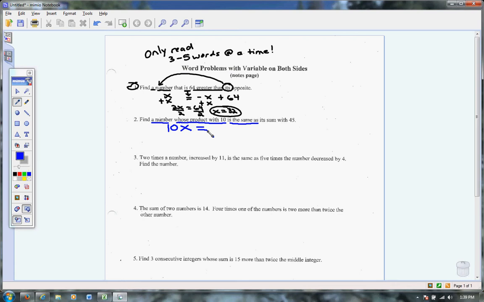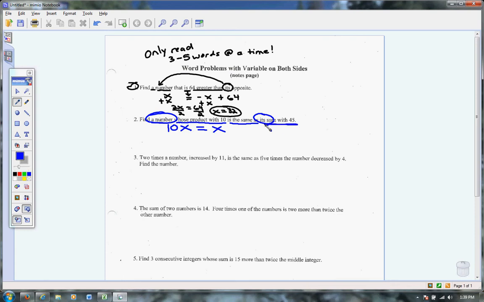Well, there's that word "its" again. What's that talking about? It's talking about the number, right? It's talking about the number which we called x. Okay? Find a number whose product with 10 is the same as its sum with 45.